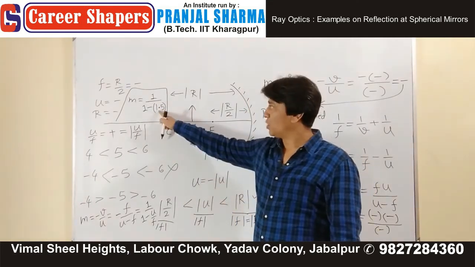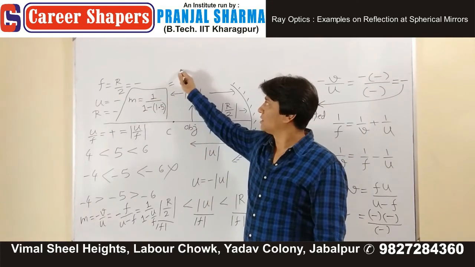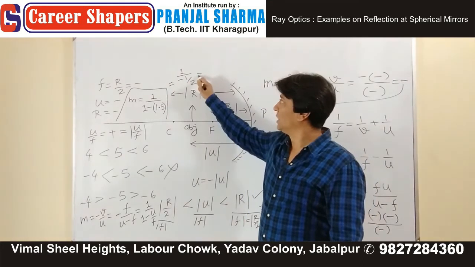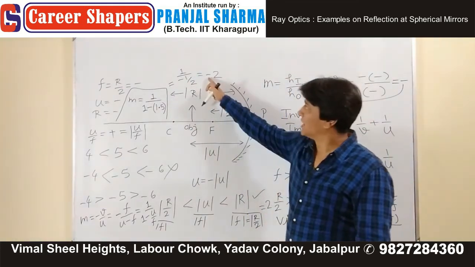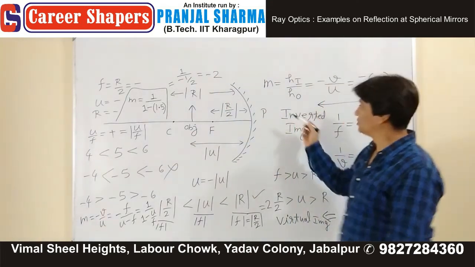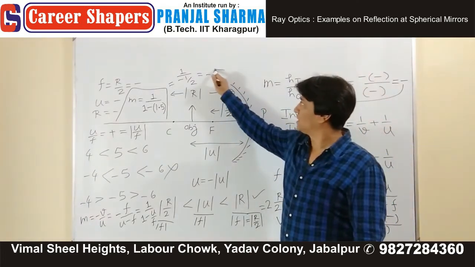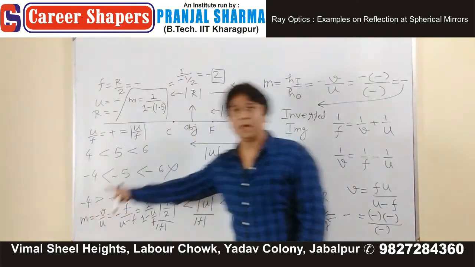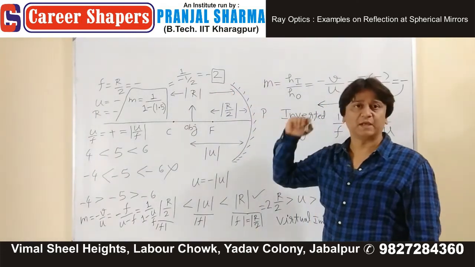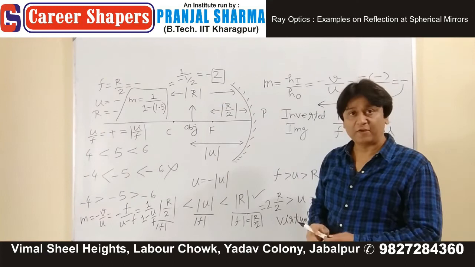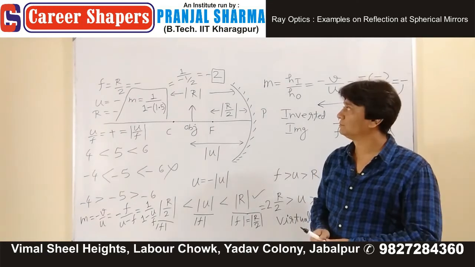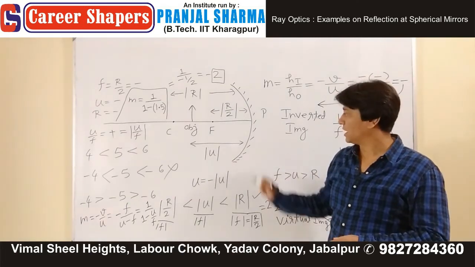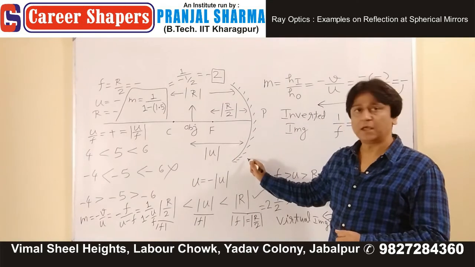The moment I write 1.5, it becomes 1 upon minus of half, which will give me minus of 2. The negative sign, I have already decided that the image is going to be inverted. I am interested in the mod part too. So m is always greater than 1. If mod of m is greater than 1, then it tells you immediately that your image is going to be enlarged.